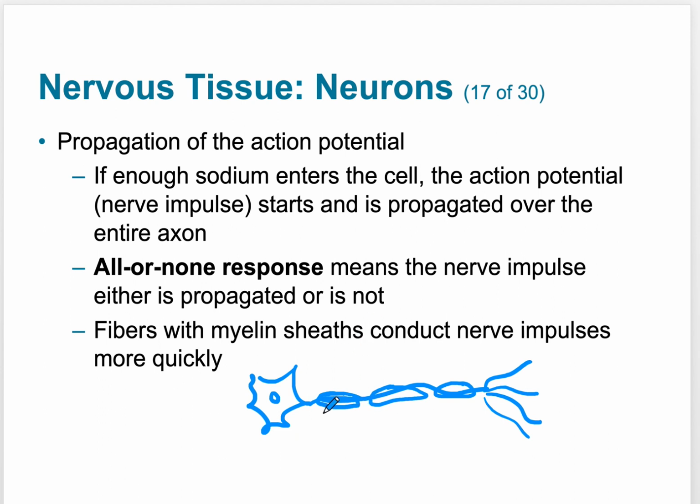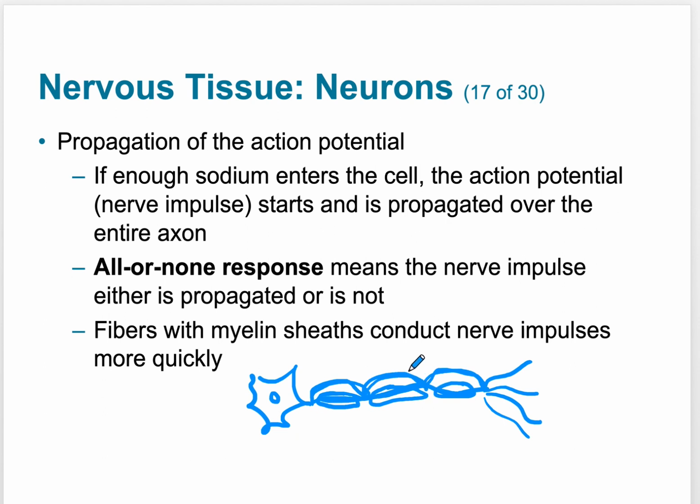If there's myelin sheath around the axon, the impulse will kind of jump. It will move faster if it's myelinated, okay? Because it doesn't have to move all the way down the axon, it can actually jump from node of Ranvier to node of Ranvier, okay?